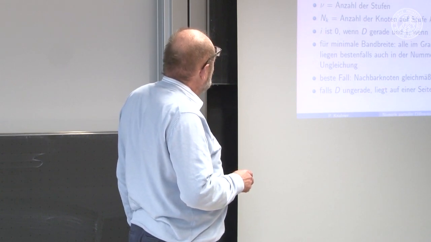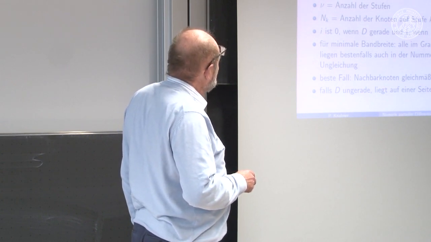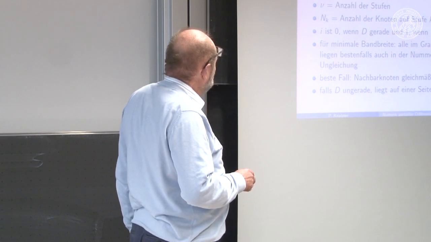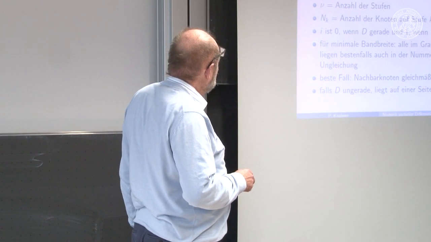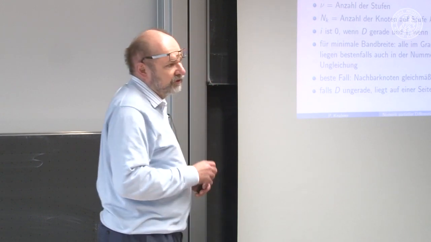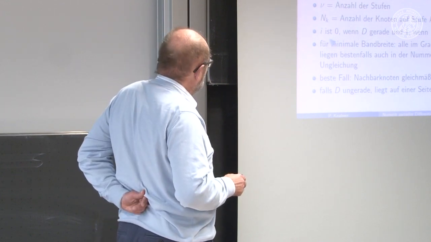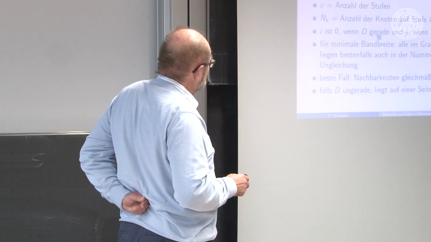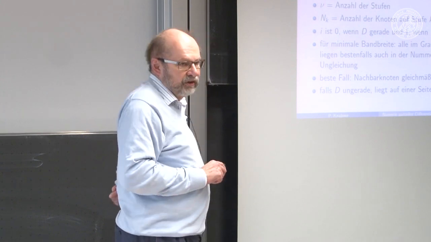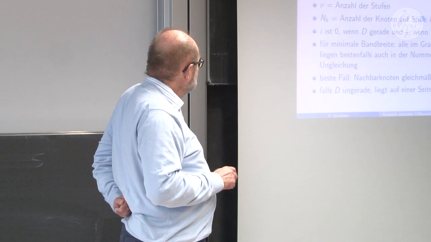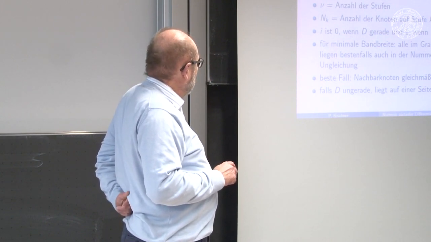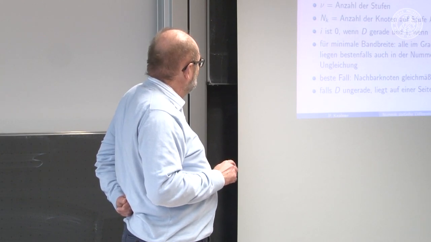So first of all, there's a lower bound, that is what is maximally possible, and it refers here to the capital D, that is the maximal degree of a node, and it refers to an auxiliary number I, which is 0 if D is even, and which is 1 if D is odd. And it says the bandwidth has to be at least this number here.